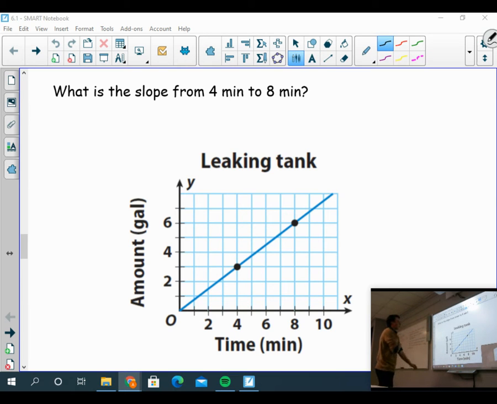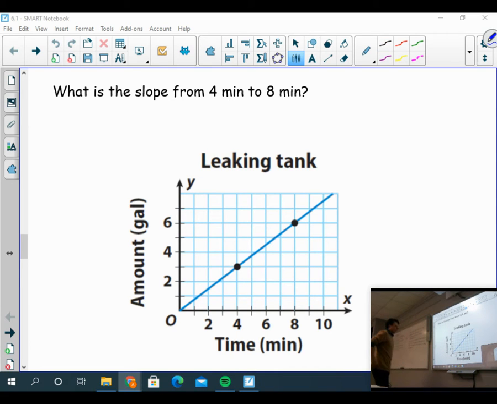Well, what we observe here is a leaking tank. Okay, and what's going on with this tank? Well, we see consistently over the course of time how many gallons of, we don't know what the liquid is, probably water, how many gallons have left the tank. We are trying to find the rate of change or the slope from time 4 minutes to 8 minutes.